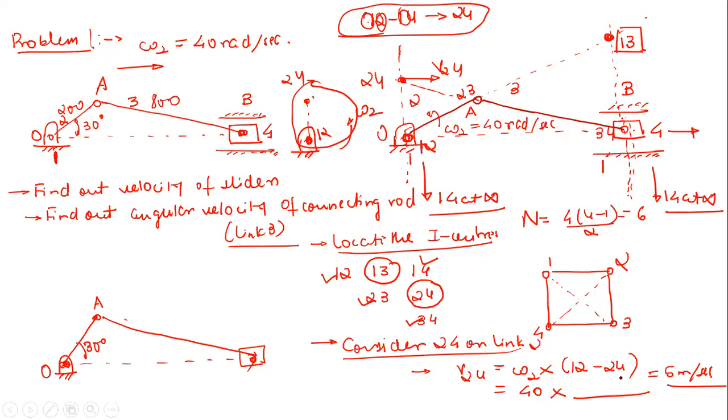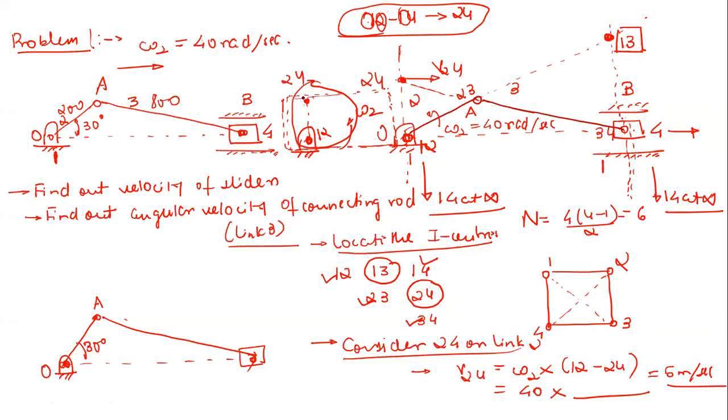Now since this 2, 4 is common to link 4 as well, you consider this 2, 4 on link 4. It is very obvious that if you imagine this link 4 in the form of a big rectangular slider like this, right, this slider is also going to contain this point 2, 4.